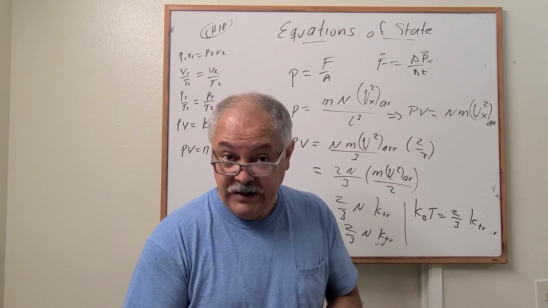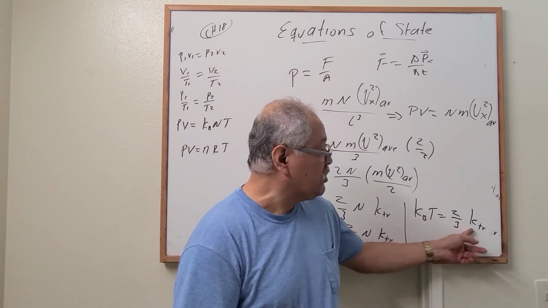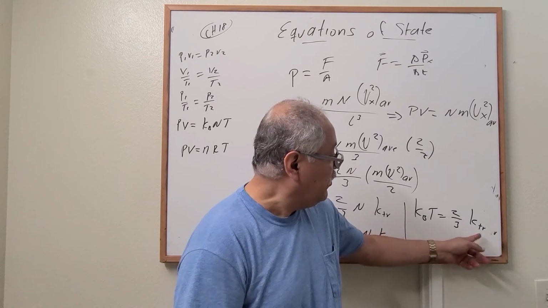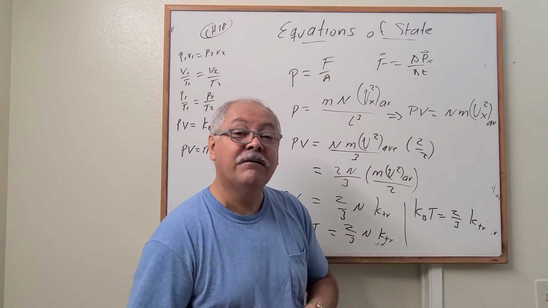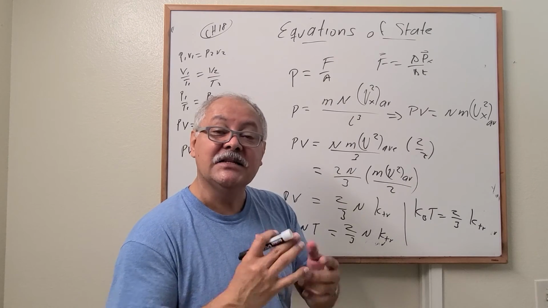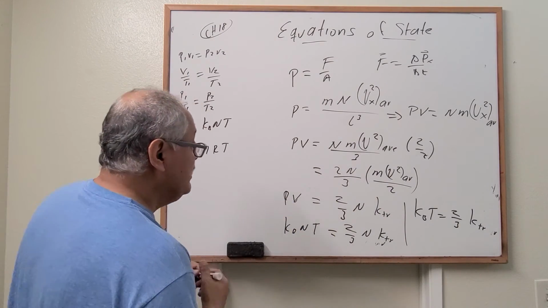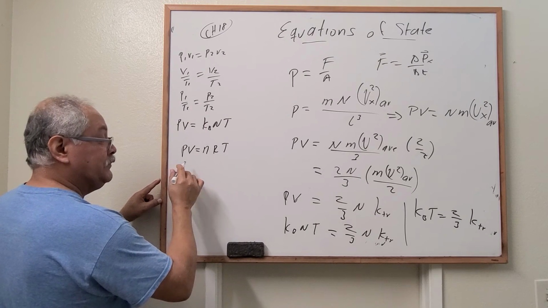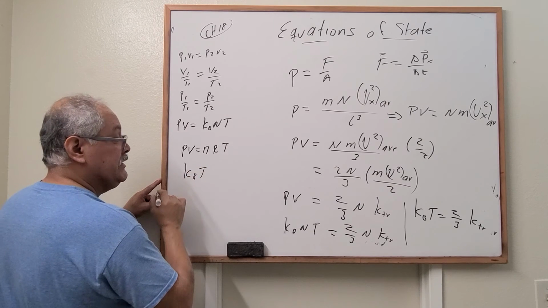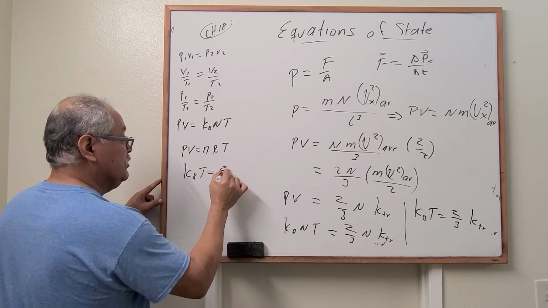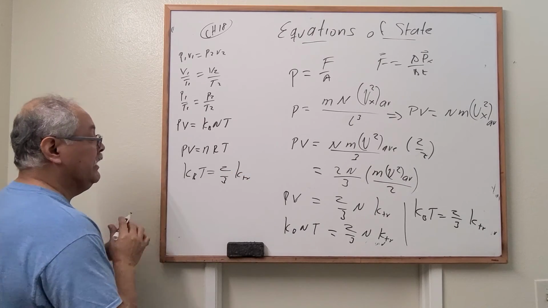It was not easy to define, but we can define it this way: the absolute temperature is proportional to the average kinetic energy of the molecules in a gas sample. Perfect. So this equation is very, very important: Boltzmann's constant times absolute temperature equals 2/3 times the average translational kinetic energy.